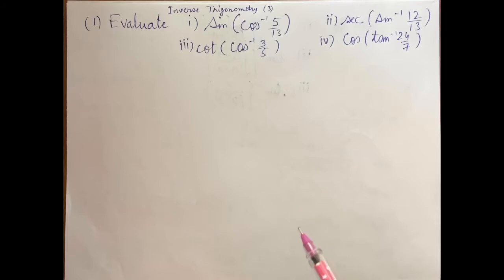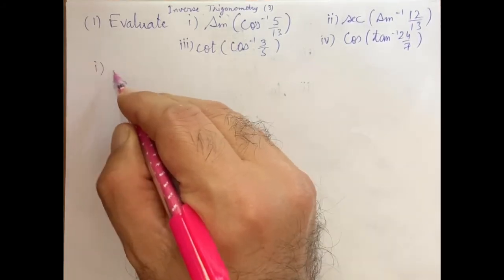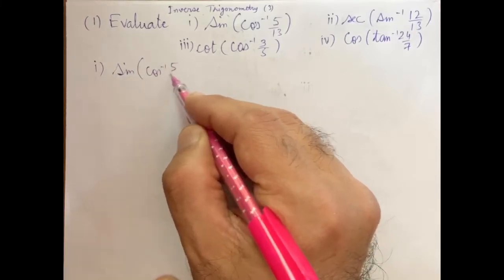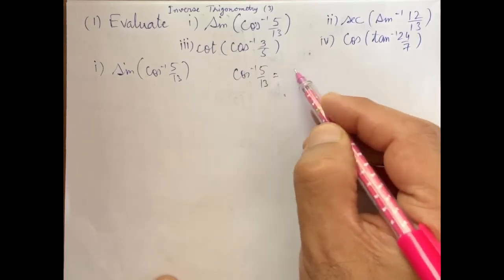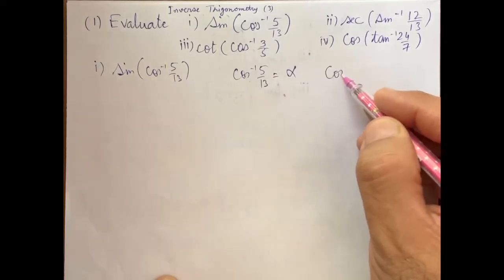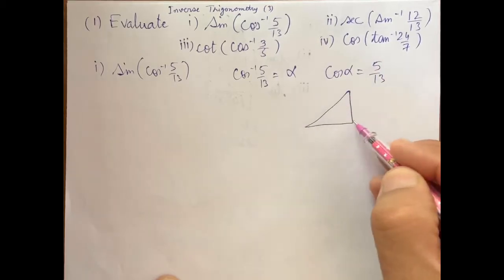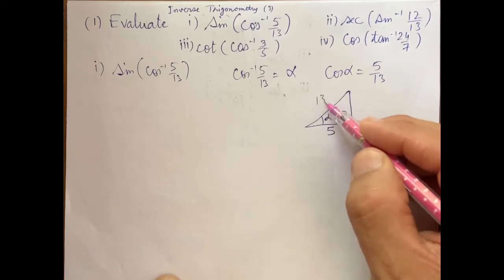Questions based on whatever we have learned just now. The first one: we have to evaluate sine of cos inverse of 5 by 13. Let's say cos inverse of 5 by 13 is angle alpha. This means cos of alpha is 5 by 13. We draw a triangle. This is alpha. Cos is the ratio of base to hypotenuse.